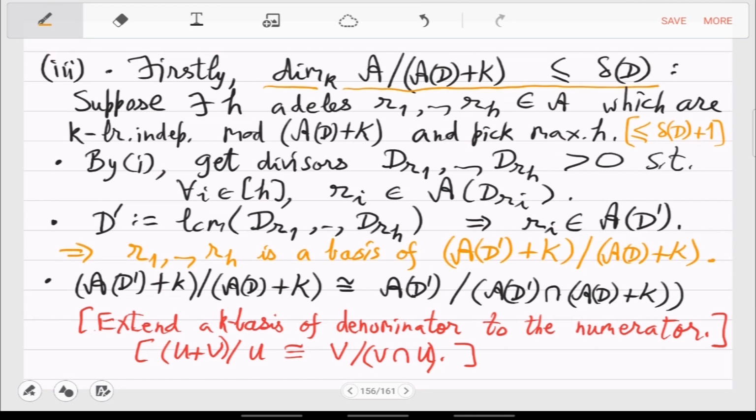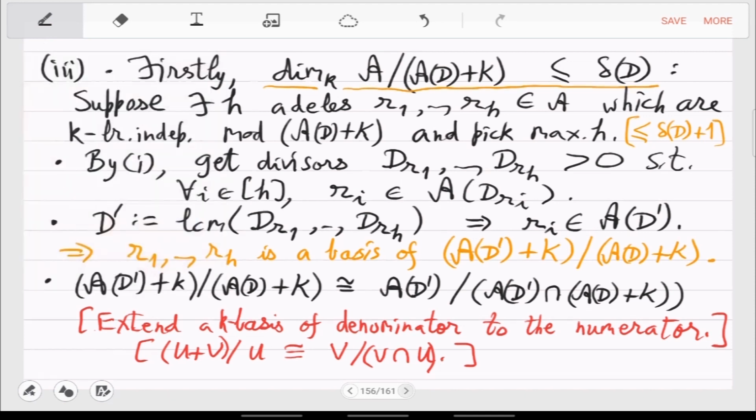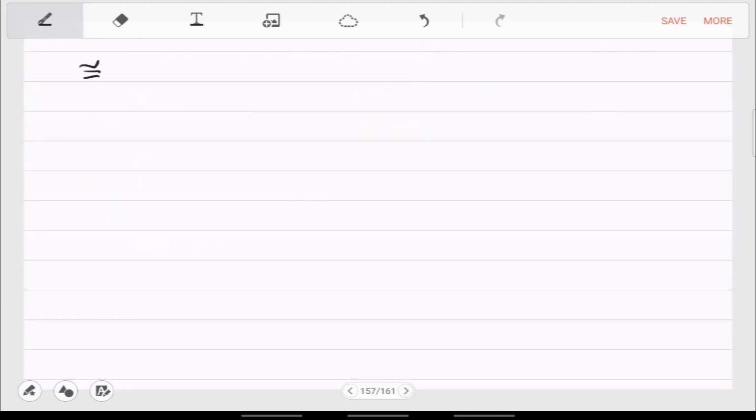So let's continue with this right hand side. So this is isomorphic to, or maybe I should copy that.